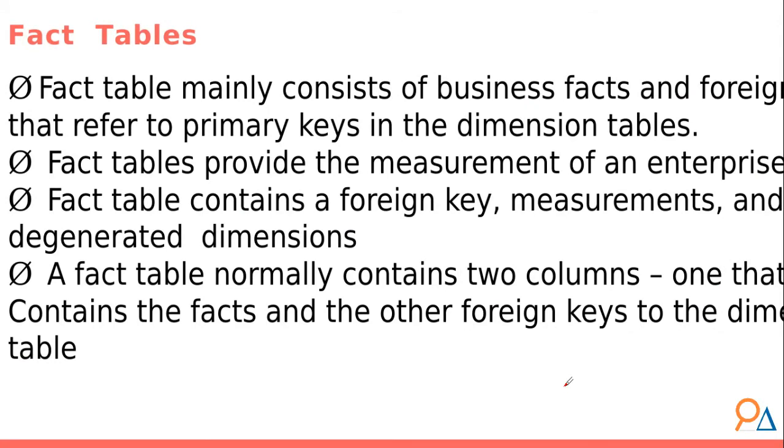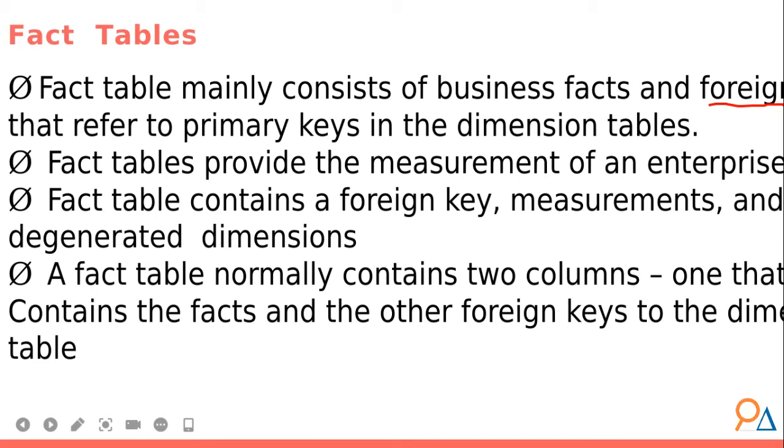Alright. Now, that's the dimension table. How about the fact table? What does it have? The fact table consists of business facts and foreign keys. Let me just move on. The fact table mainly consists of business facts.